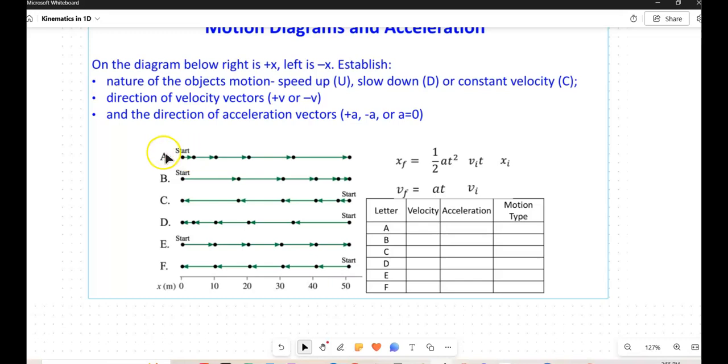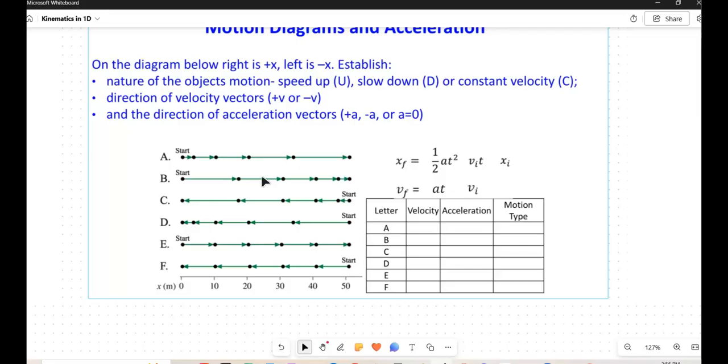I want you to categorize A, B, C, D, E, and F as speeding up, slowing down, or constant velocity. What I also want you to do is categorize each one of these green vectors as positive or negative velocity. Again, positive velocity is to the right, negative velocity is to the left.